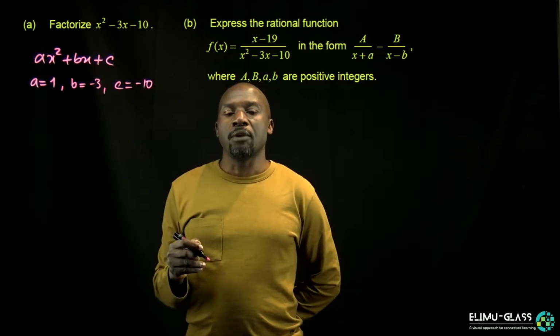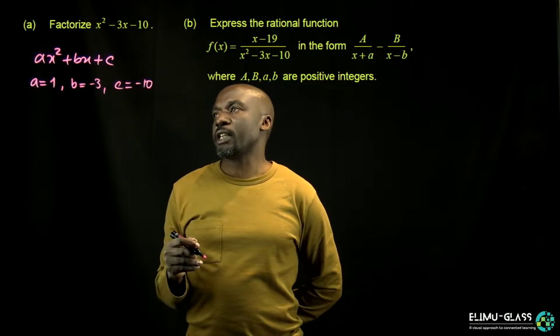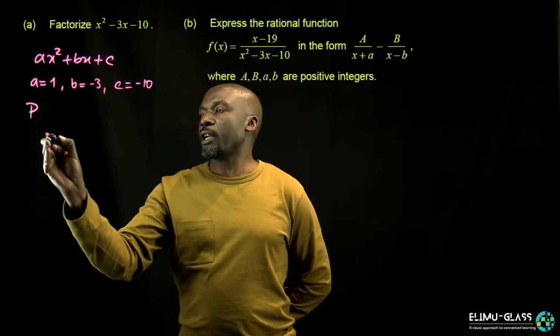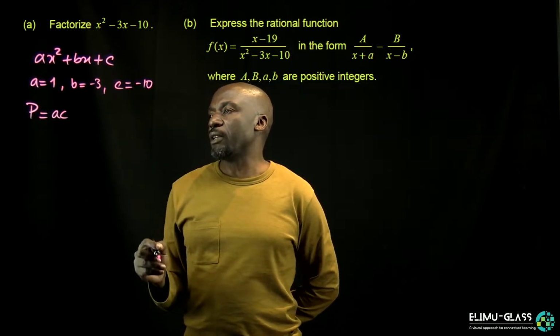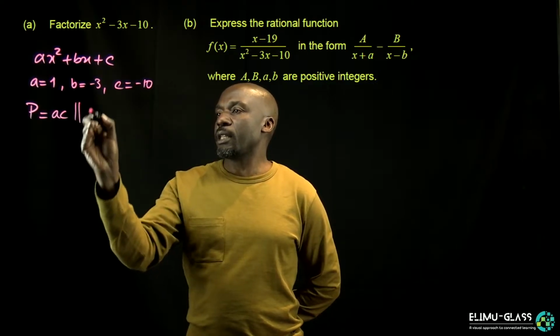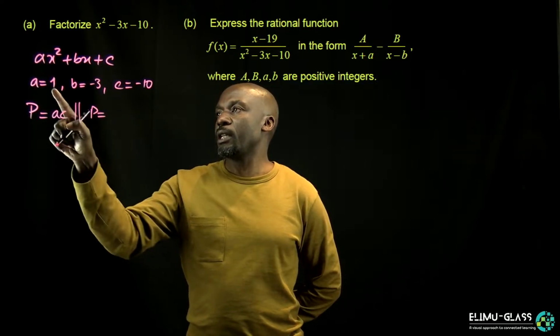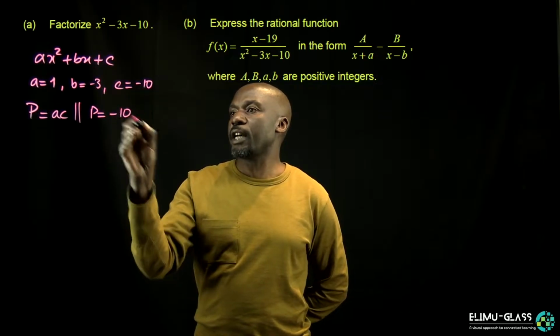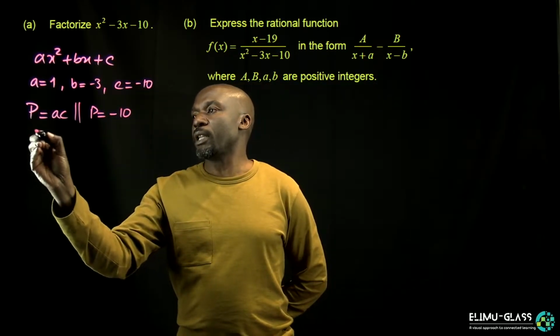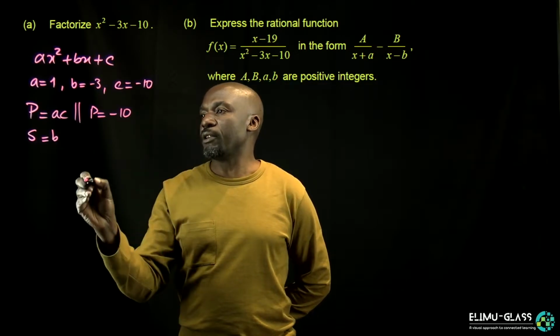So if we're going to factorize this, we need something called the product, which is found by taking the value of a and multiplying by the value of c. In our case, the product is 1 times -10, which is -10. There's also something called the sum, which is simply the value of b.